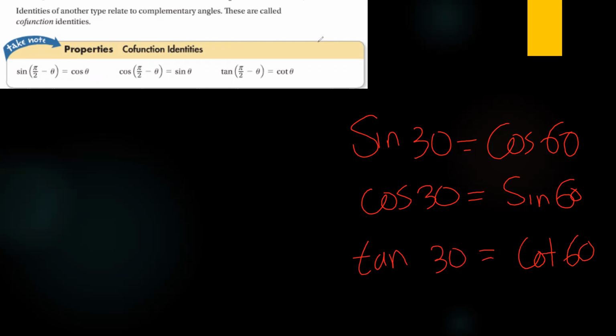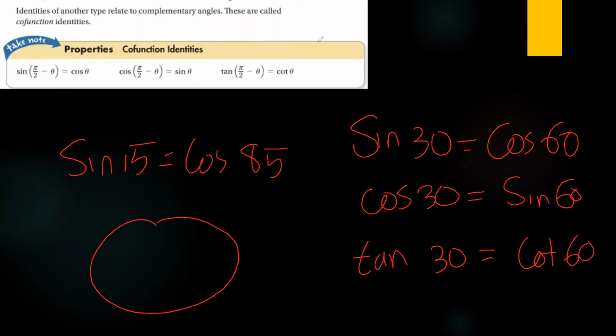Or why can I say sine of 15 is the cosine of 85? Did you remember when we found the complementary angles, we said that complementary angles are two angles whose summation is 90?